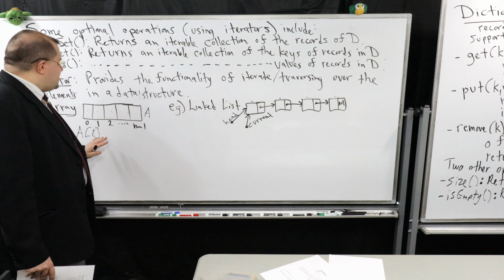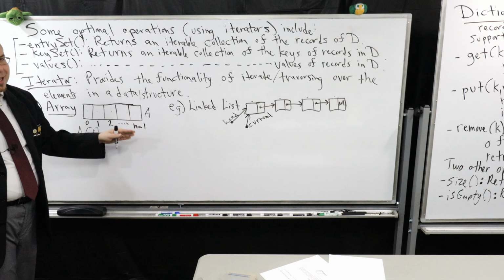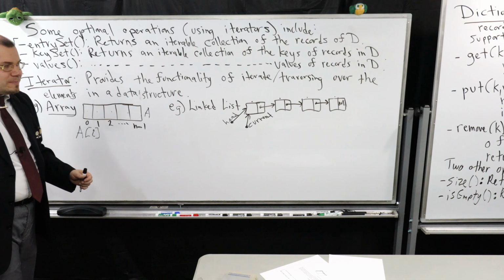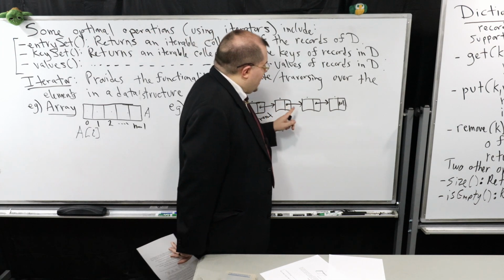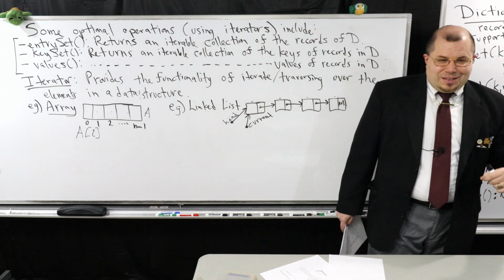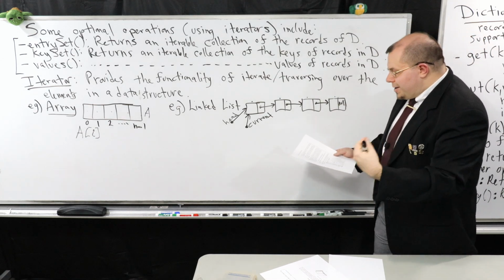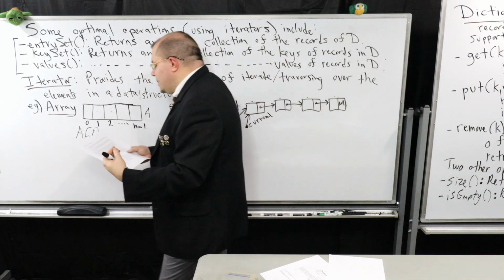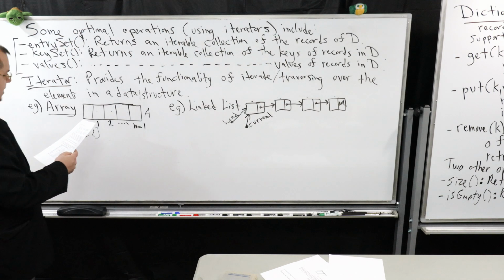I know when I'm not supposed to index any further. I know if I try indexing, say, A sub n, that doesn't exist in this array, right? Just over here, I know when the pointer that I have is going to be pointing at null for the next node, right? So you could think of an iterator as a way to facilitate or abstract away.